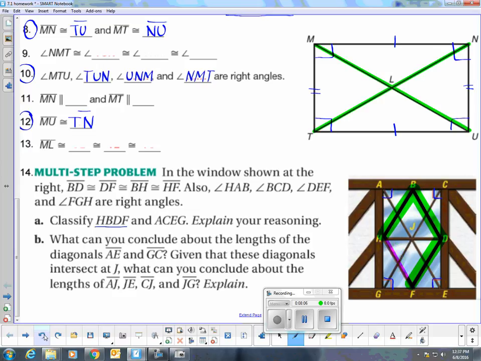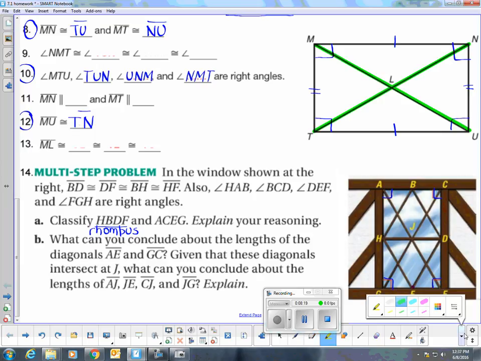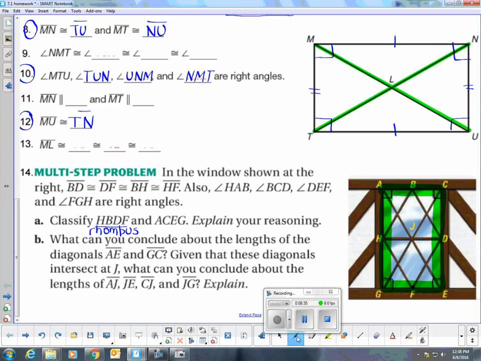The second quadrilateral we need to classify is quadrilateral ACEG. This quadrilateral has four right angles, so we say that it must be a rectangle. We can't say it's a square because we don't know if all the sides are congruent, but at the very least we can say it is a rectangle.